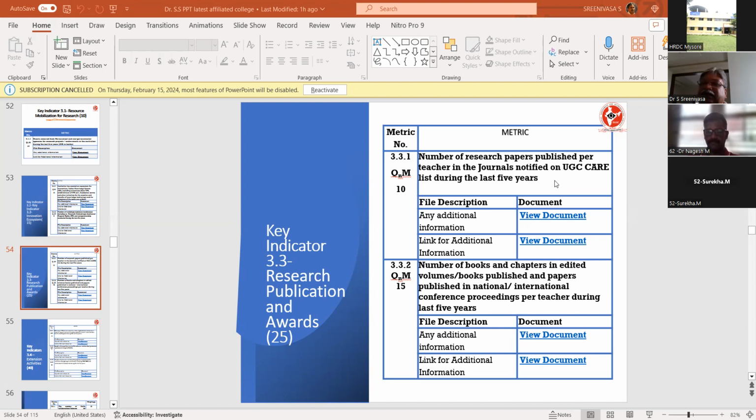If you want to publish at least 10 papers per year per head, then 50 into 10 is 500, into 5 years, it is 2,500 papers needed to get good marks for this metric. Okay, so the number of publications has to be increased.